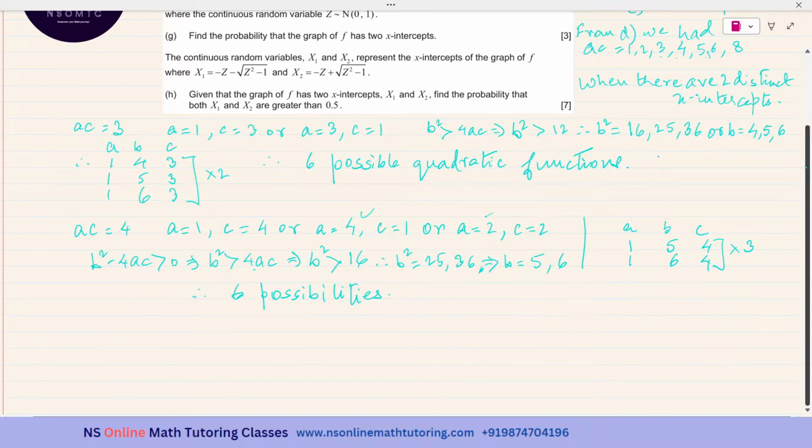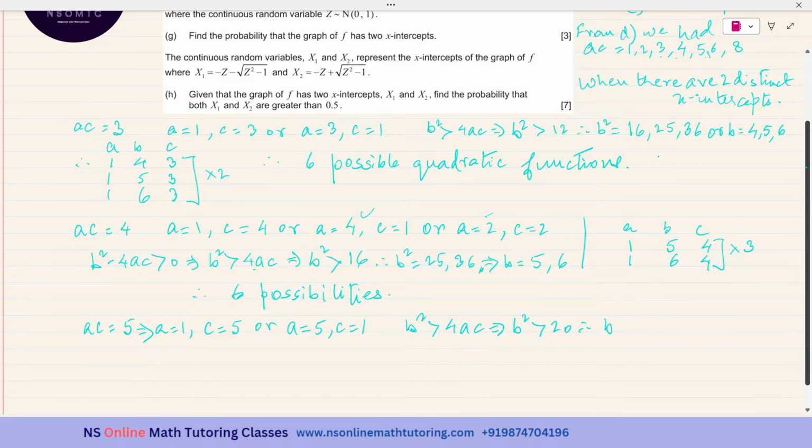Okay. Now AC equal to 5. A equal to 1, C equal to 5, or A equal to 5, C equal to 1. B squared is greater than 4AC, which implies B squared is greater than 5 times 4, which is 20.